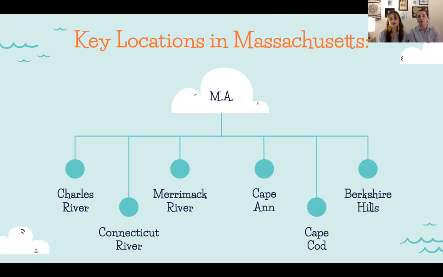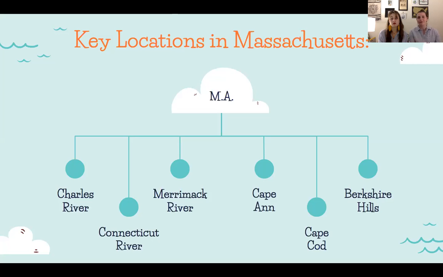We will briefly discuss the definitions. A river is a natural stream of water that flows to a larger body of water, such as a lake or an ocean. A cape is a piece of land that extends out into a body of water, which is a simplified definition that we made to help students understand this concept.